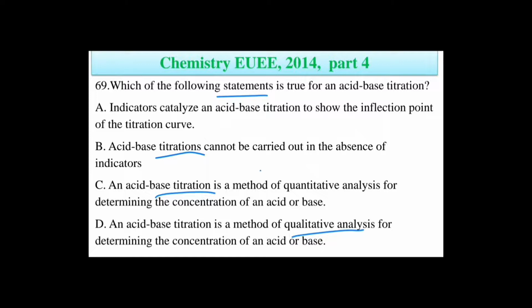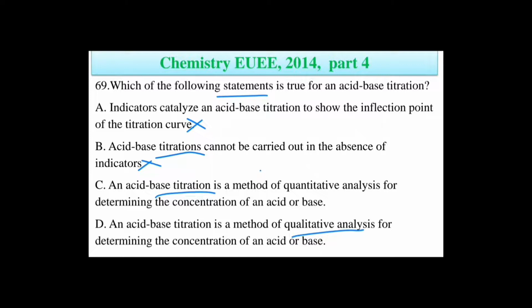Which statement about titration is correct? A is not correct: indicators catalyze an acid base titration to show the inflection point — no, that is not what indicators are for. B: an acid base titration cannot be carried out in the absence of indicators.